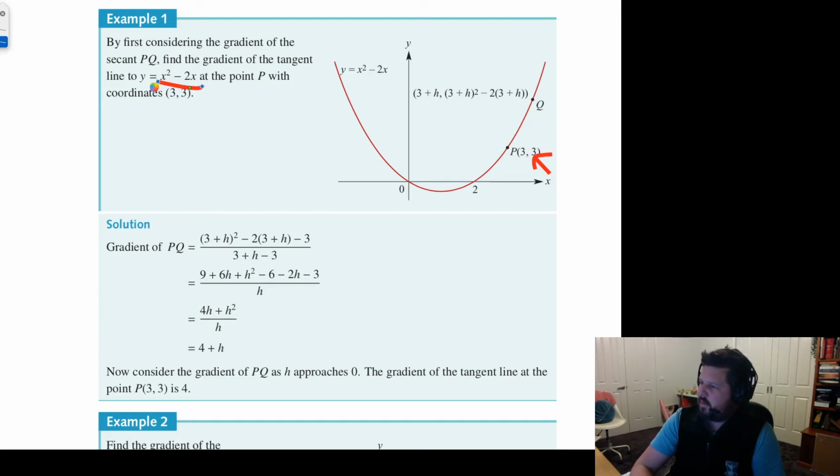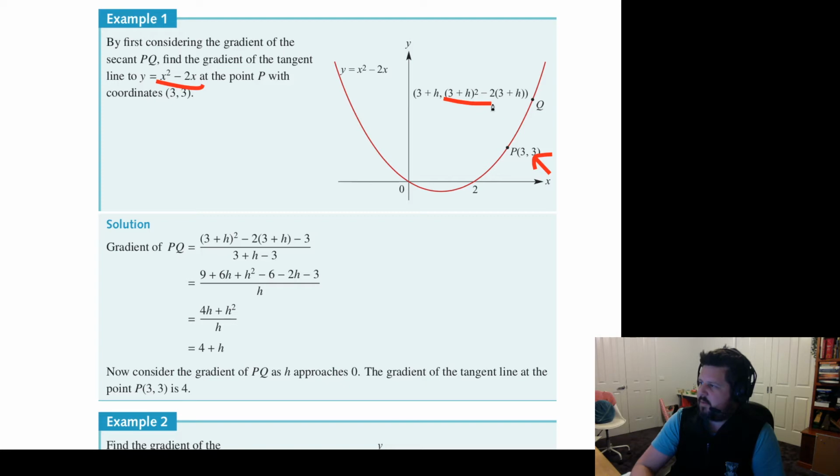To work out the y value, obviously we use this equation here, x squared take away 2x, but in this particular case it's going to be 3 plus h away. So wherever we see the x, we're going to substitute in 3 plus h. So here you'd have 3 plus h squared, take away 2 times 3 plus h, which will give us the y coordinate for that.